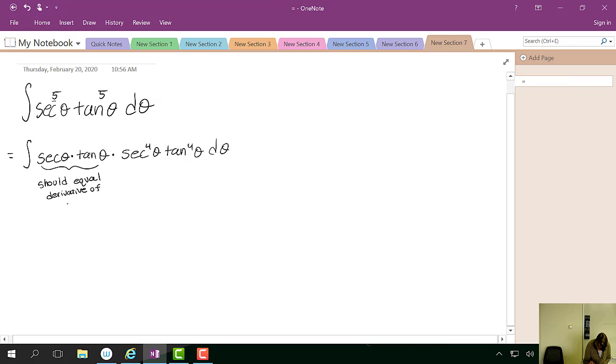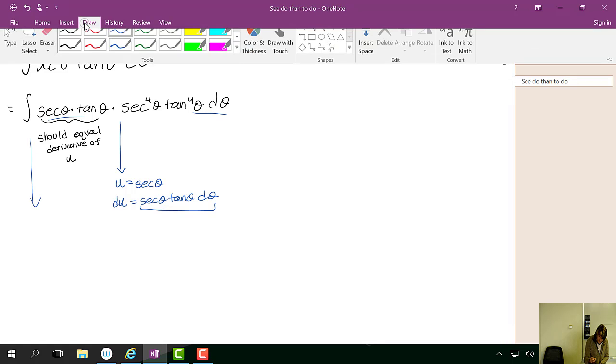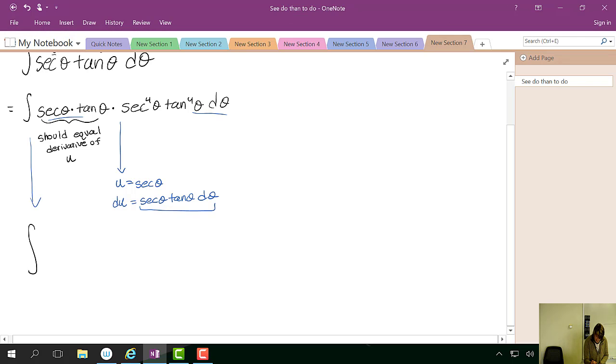So in our case, if secant tangent is the derivative of u, what is u? Secant. Right, because we can clearly see secant tangent d theta will just go away. So this and this term go to du, and we're left with secant to the fourth of theta, tangent to the fourth of theta.